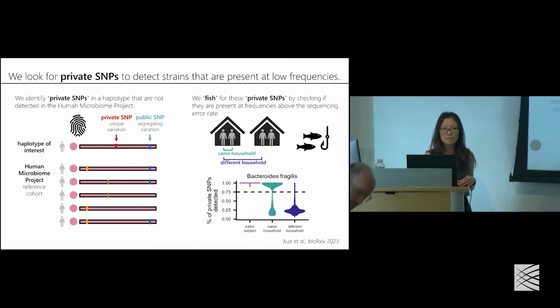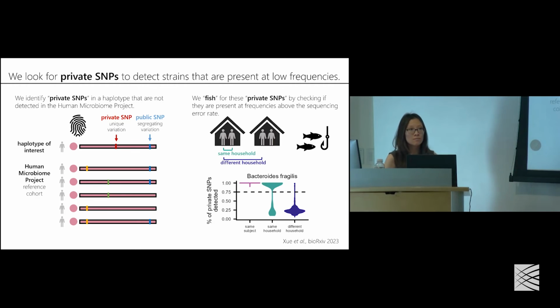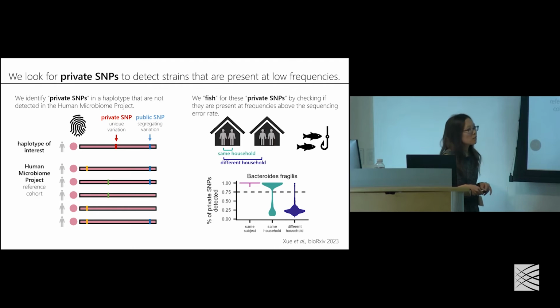Following that question, like the bimodal distribution you saw here, can you look at the time course data to track how dynamic that would be, or how stable the shared private SNPs are in the same subject? That's a great question.